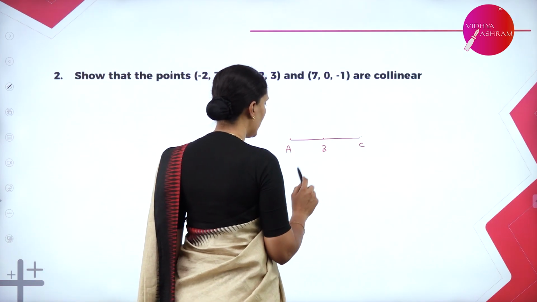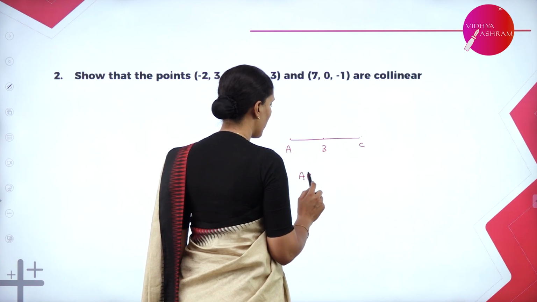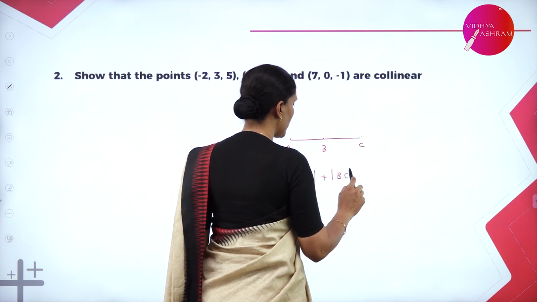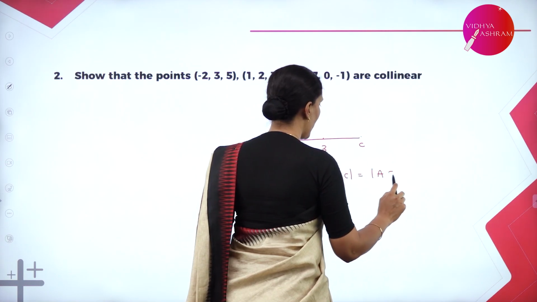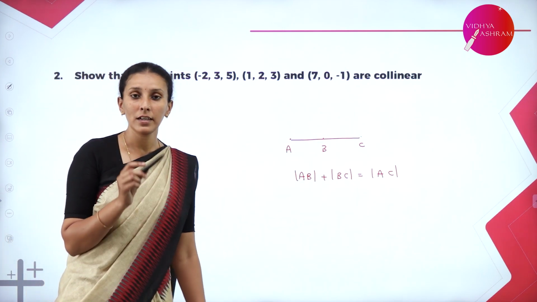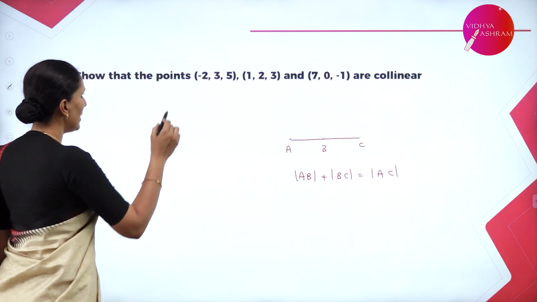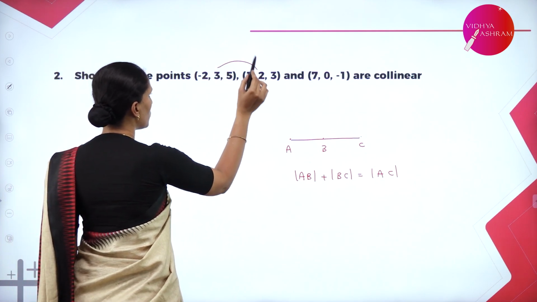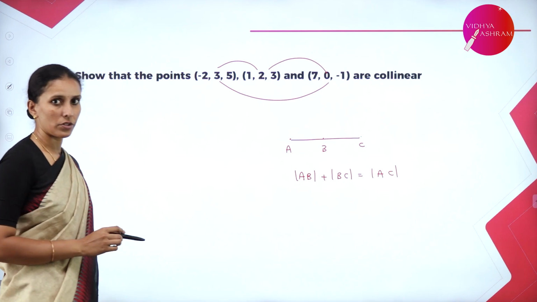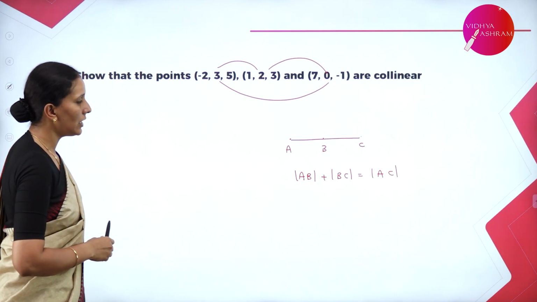If I show that the distance AB plus the distance BC is equal to the distance AC, then the 3 points lie on the same line. So first let us calculate the distance between these 2 points, then this, and finally these 2 points.